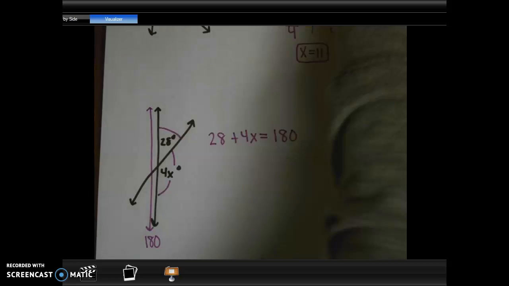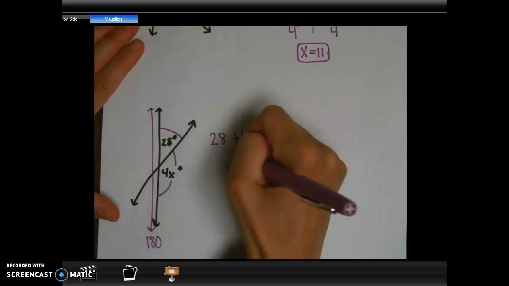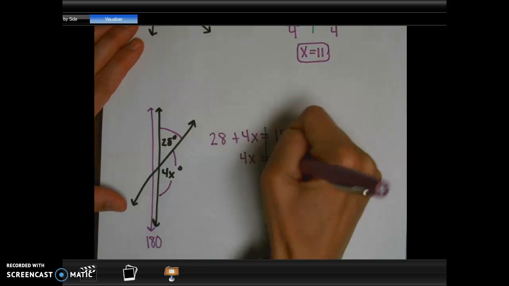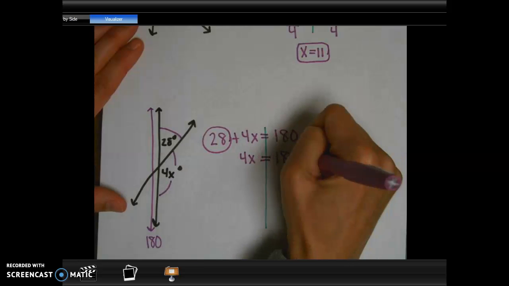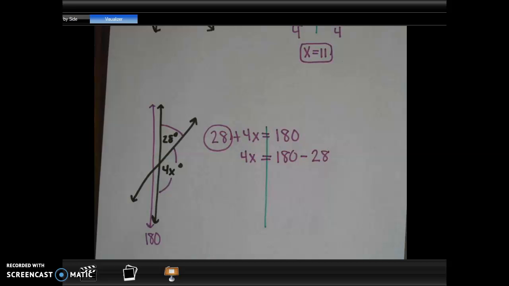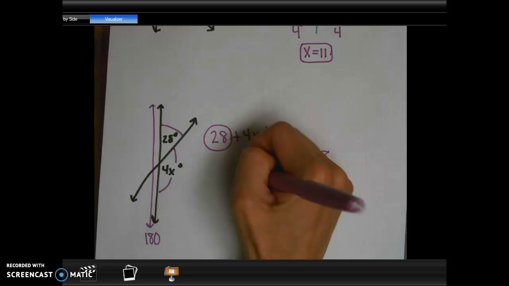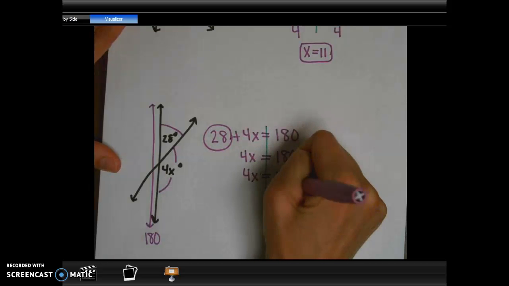Okay, just like before, we're going to keep x's on one side and numbers on the other. So I'm going to keep 4x over here. And I'm going to move this positive 28, make it opposite. So I'm going to take 180 minus 28. So I have 4x equals 152.